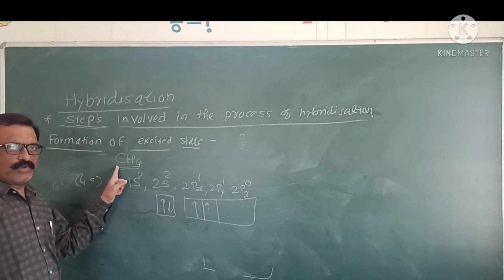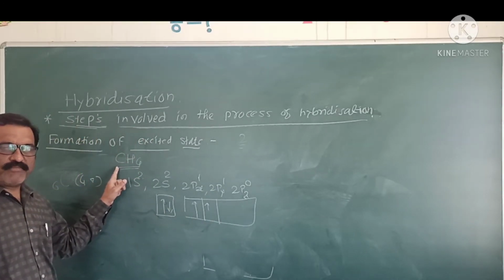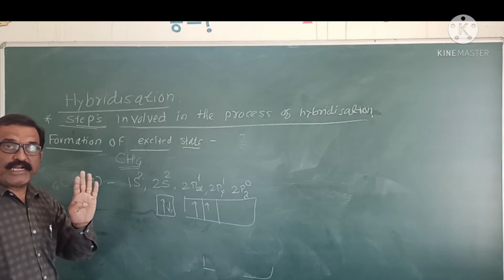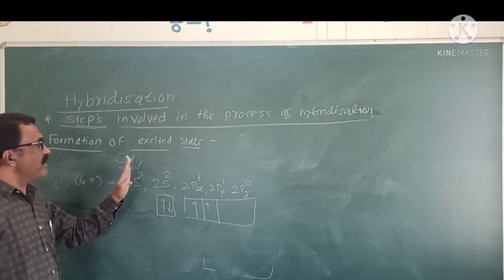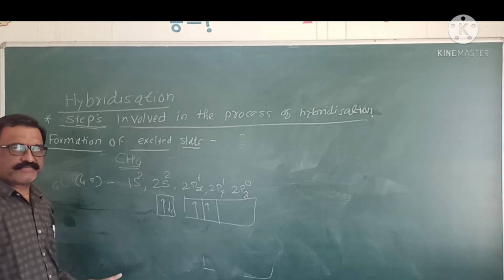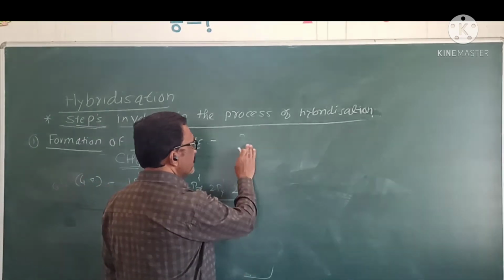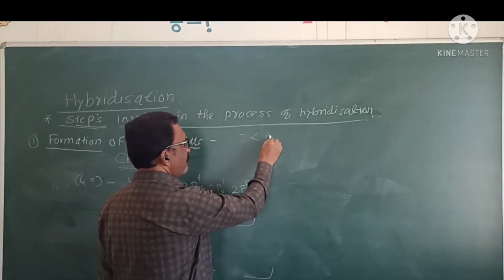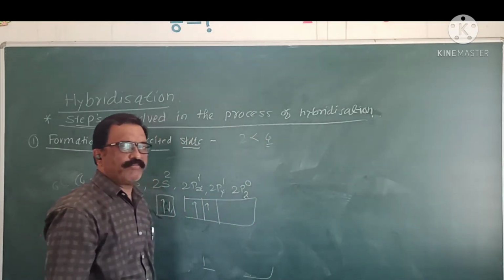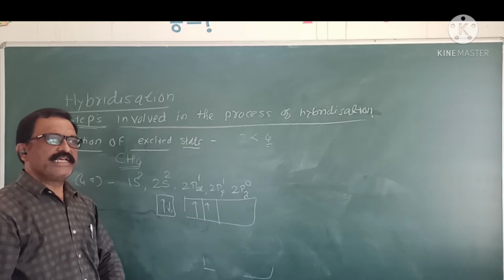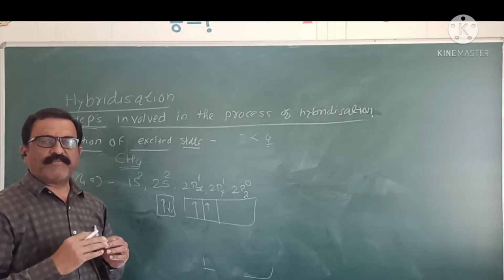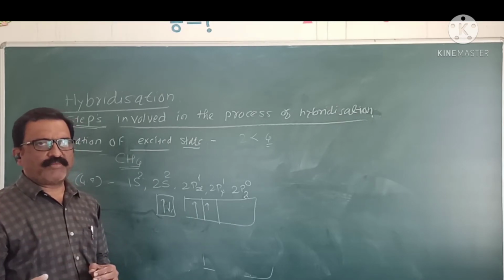While in the methane molecule, carbon forms 4 covalent bonds with 4 different hydrogen atoms. That is, 2 is less than 4. The number of unpaired electrons is less than the requirement of bonding.